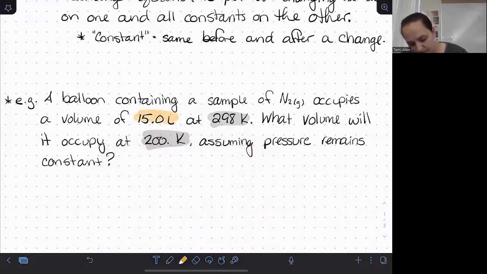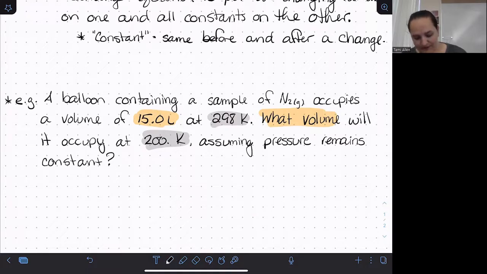And we're given a volume at 298 and asked what the volume will become at 200. So we're looking to relate the volume and temperature before and after the temperature changed.